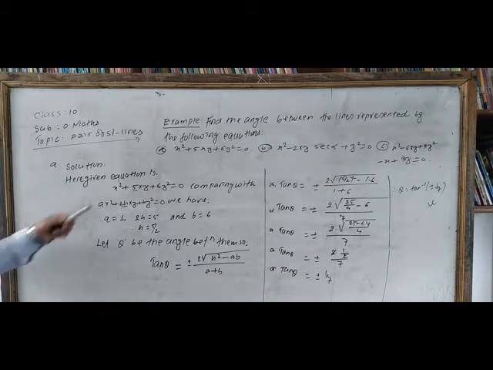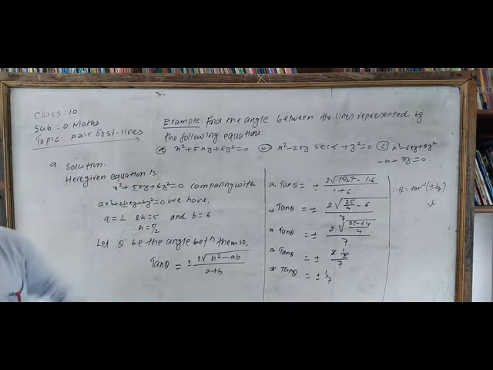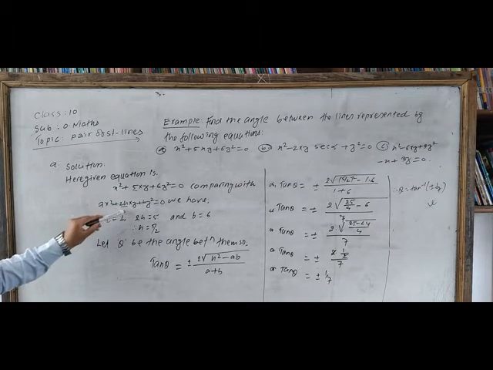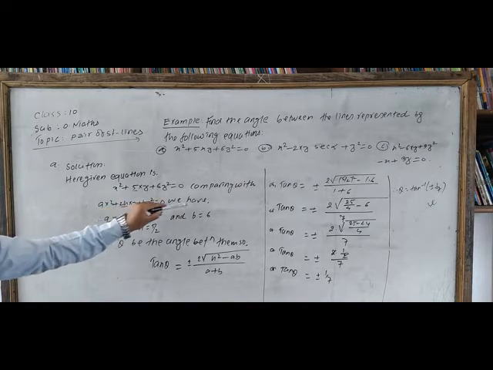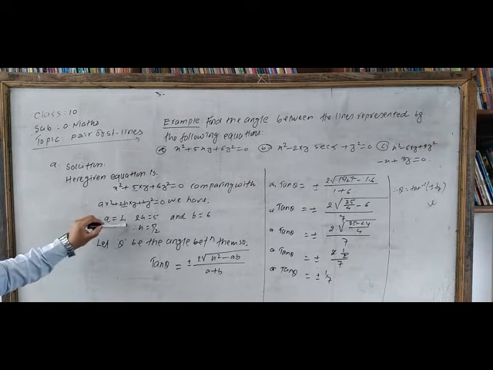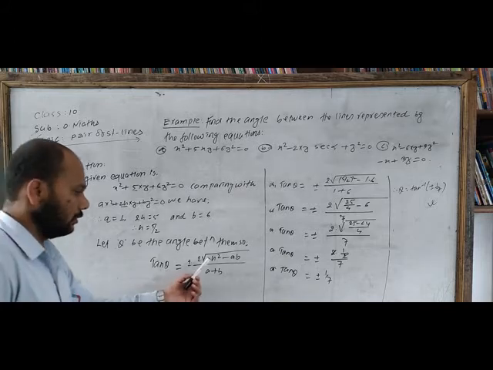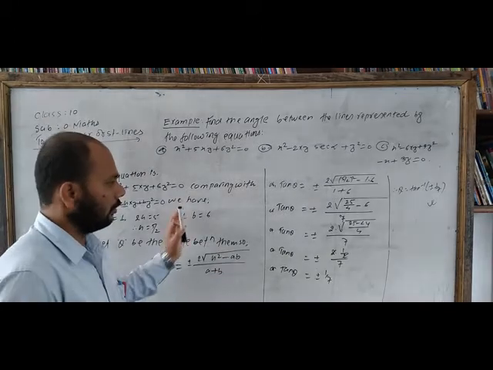We completed part A. Now I am going to solve question B. You should compare this equation with ax square plus 2hxy plus by square is equal to 0, find a, h and b, then let theta be the angle between them and use the formula tan theta is equal to plus minus 2 root under h square minus ab by a plus b, and put in all the information.